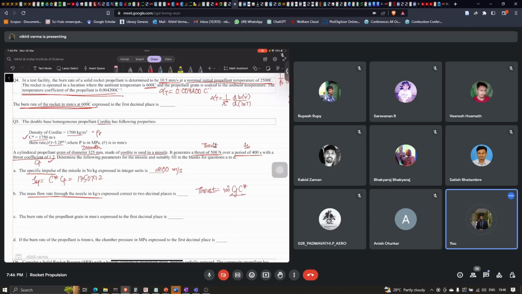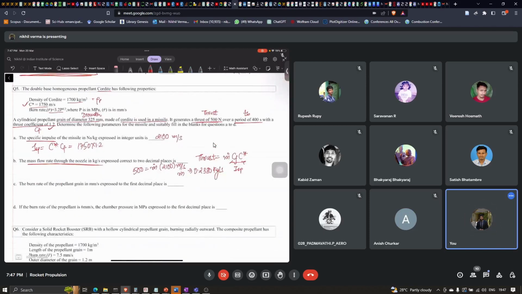And this is ISP. So you know the thrust, which is 500 newtons, and we have 2100 meters per second. So m dot we can calculate, which is 0.2380 kg per second.